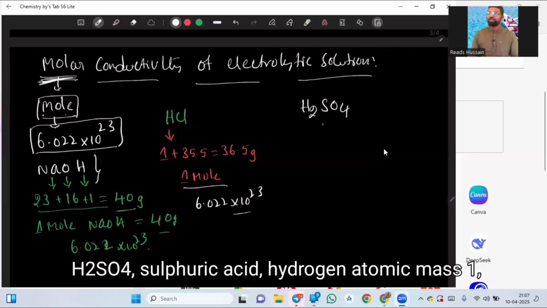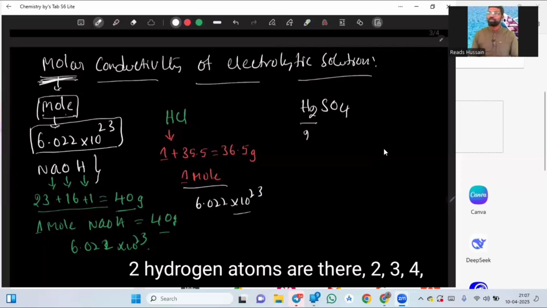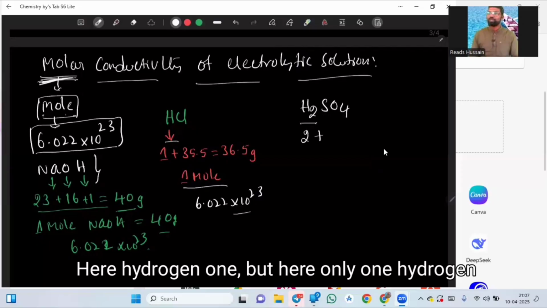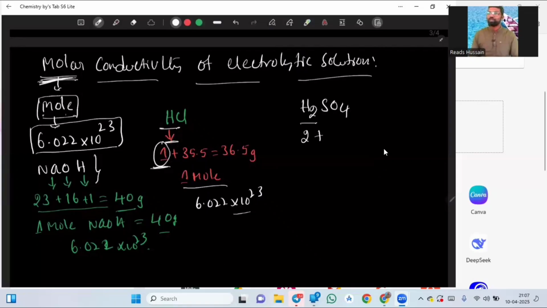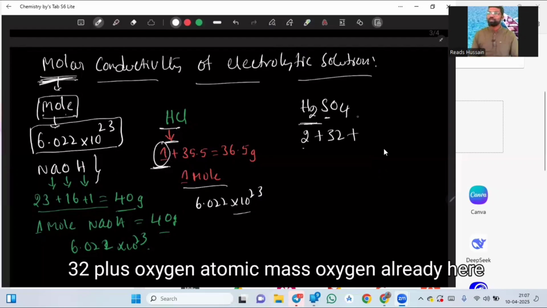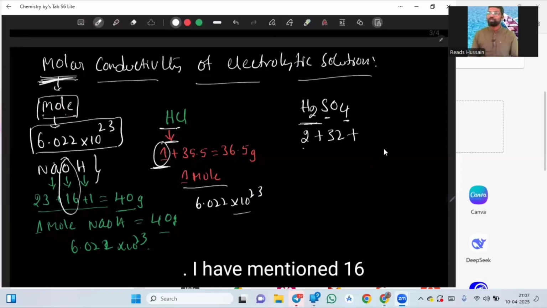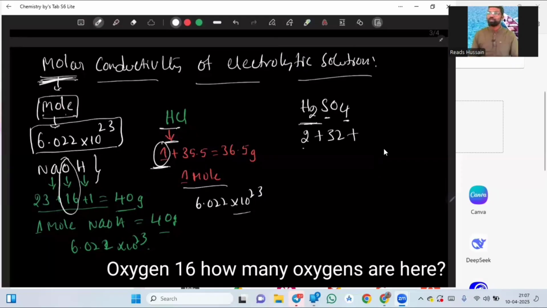H2SO4, sulfuric acid. Hydrogen atomic mass 1. 2 hydrogen atoms are there. Here only one hydrogen was there, so I took 1, but here 2 hydrogens are there, so I have taken 2. Sulfur atomic mass 32 plus oxygen atomic mass 16.